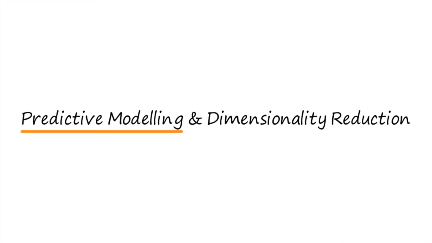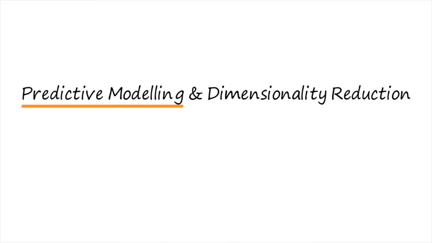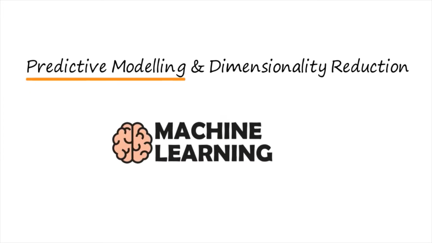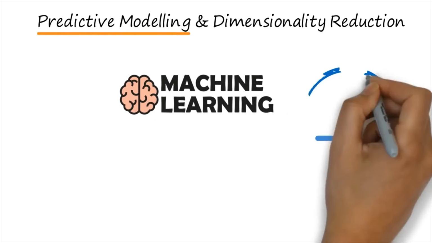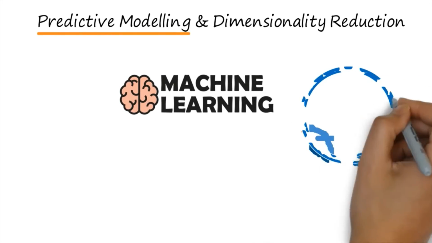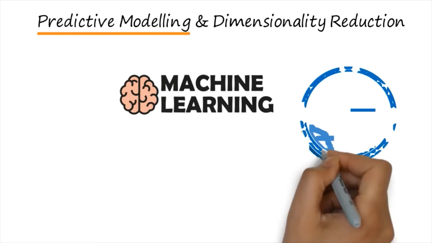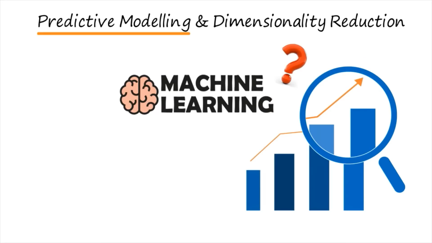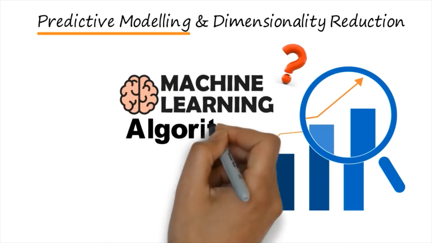Whenever I am talking about predictive modeling, before that you have to understand one point. What is the goal of machine learning? Machine learning basically predicts or forecasts outcomes. Now, how is this forecasting performed using a machine learning algorithm?